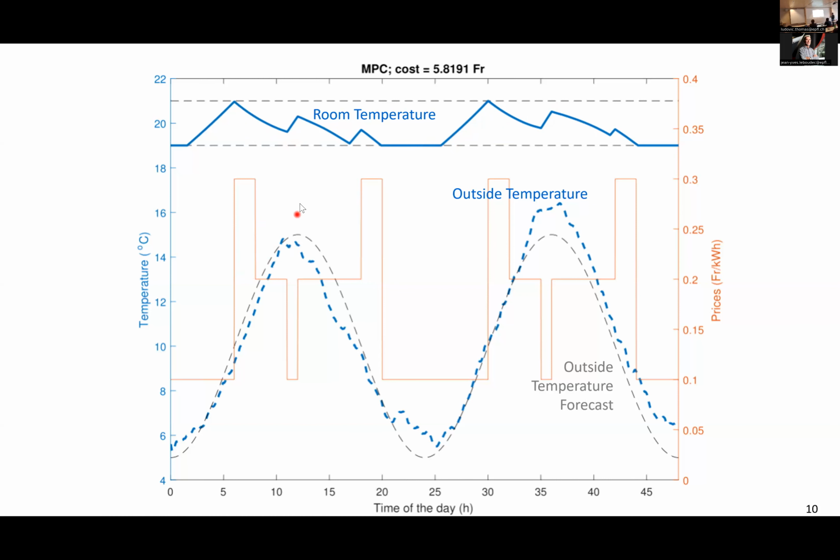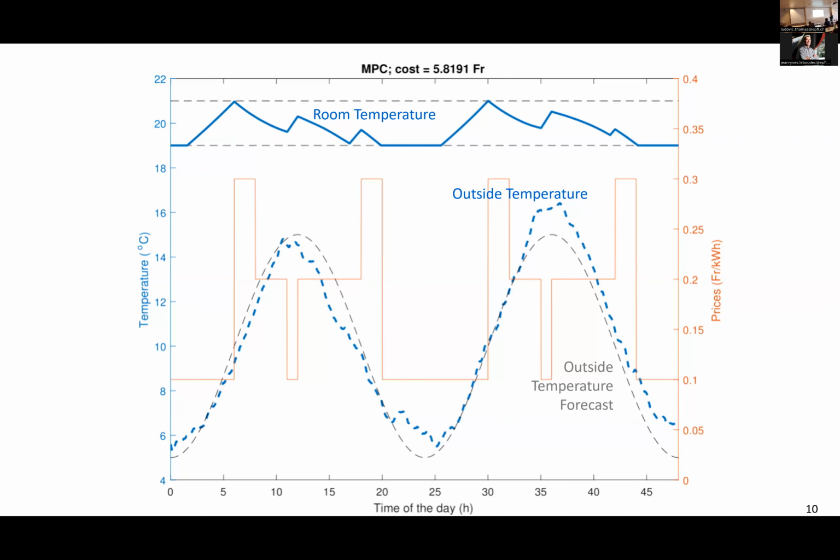So we see the temperature oscillates, and we see that it is doing what it is intended for. So it is truly anticipating when the temperature will drop and electricity will be cheap, and this is when it will use the energy to heat the room.